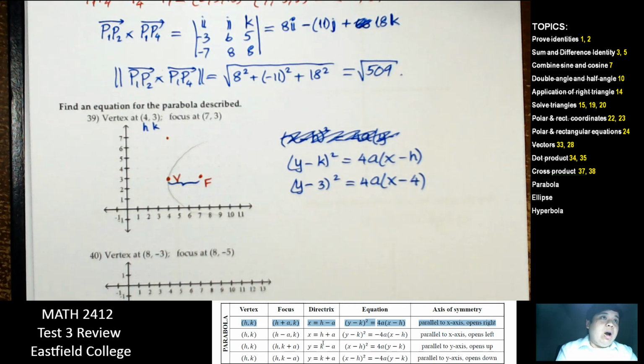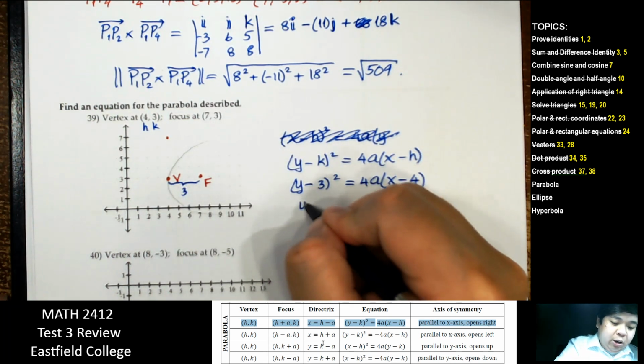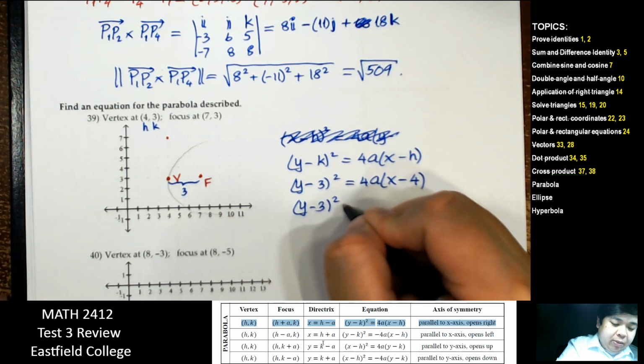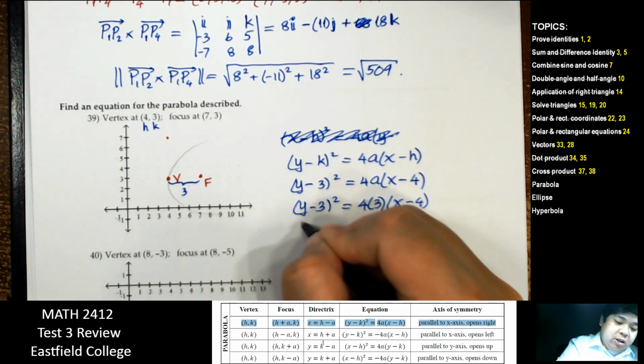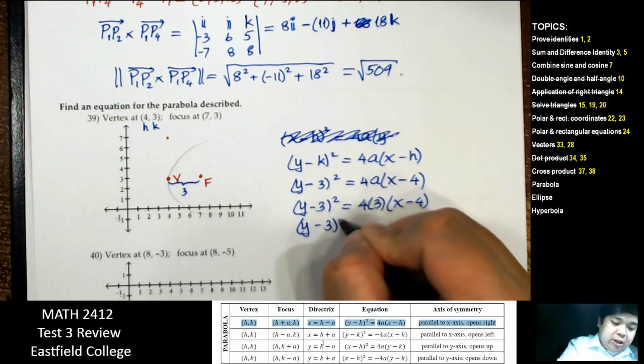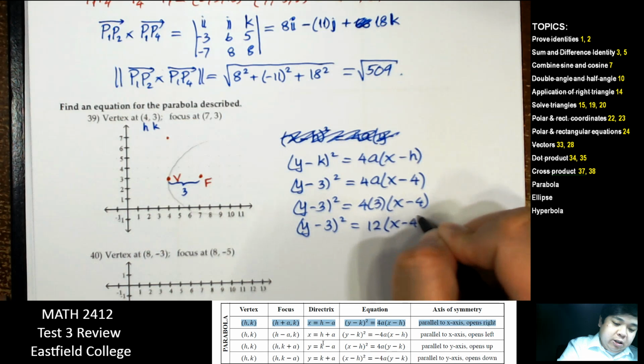If it open to the right, it's going to be positive. So we have this is distance 3, so we have y minus 3 squared equal to 4 times 3 x minus 4, which is y minus 3 squared 12 x minus 4.